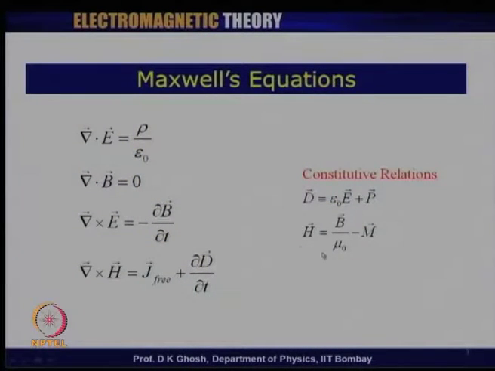And there were a set of 2 constitutive relations: the displacement field D is given as epsilon 0 E plus P, and the magnetic field H is given in terms of the magnetic flux density B by B over mu 0 minus M. So, these are the complete set of Maxwell's equations we deal with.